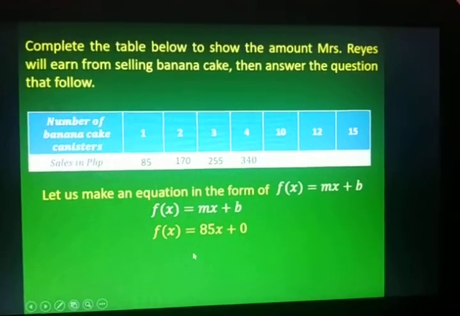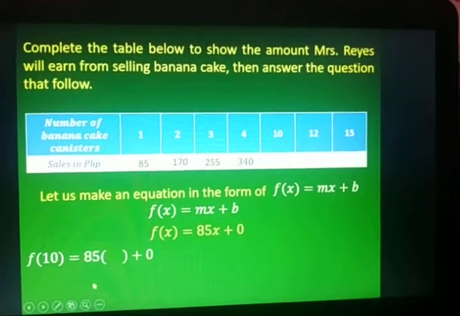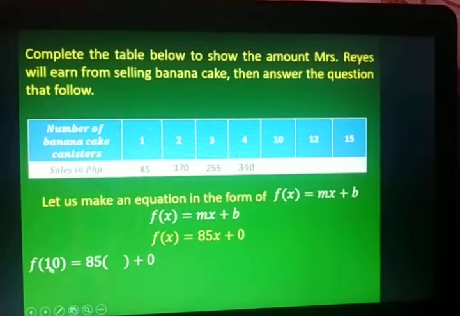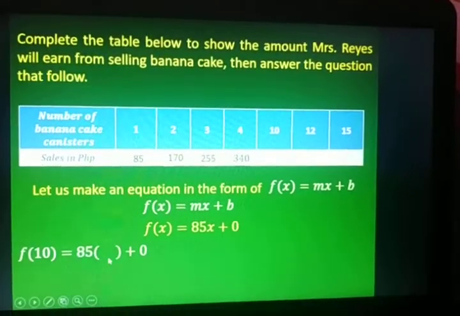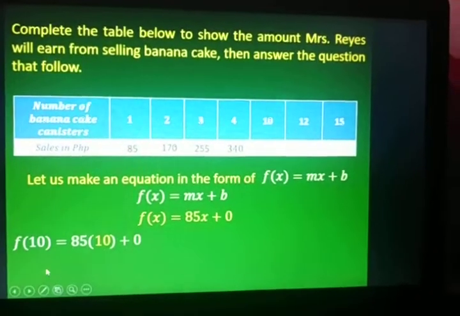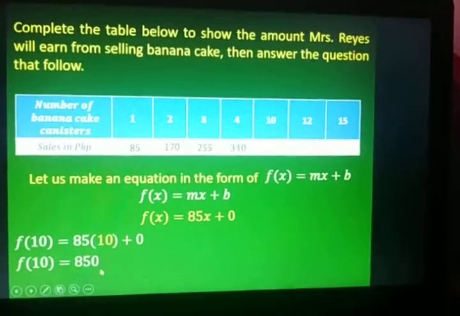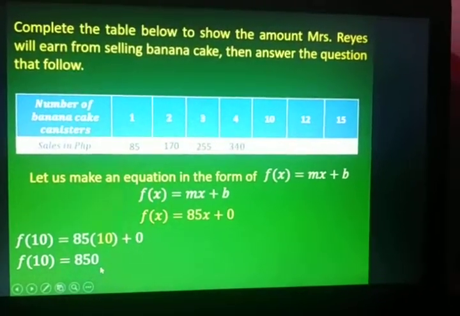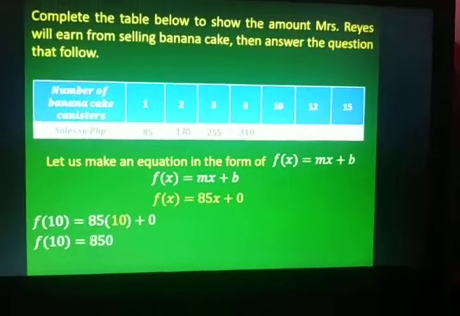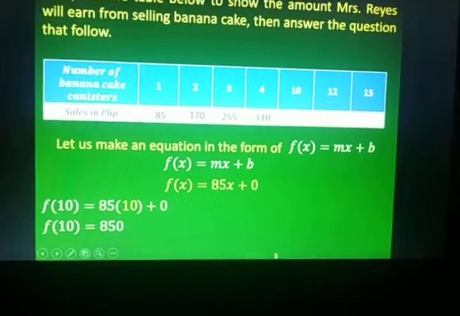So we'll solve for f of 10 because the question is 10. f of 10 equals 85, x becomes 10, times 10 plus 0. So f of 10 equals 850. And so, if Mrs. Reyes has 10 banana cake canisters sold, her income will be 850.